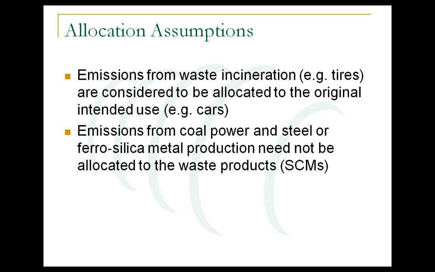So you don't have to include the impacts from manufacturing tires when you're using tires as fuel for making cement. Now, if there's some processing involved, let's say chopping up the tires or transporting them from one location to your plant, you have to include those impacts, but none of the impacts as a result of manufacturing.